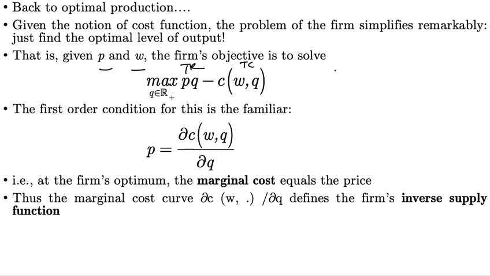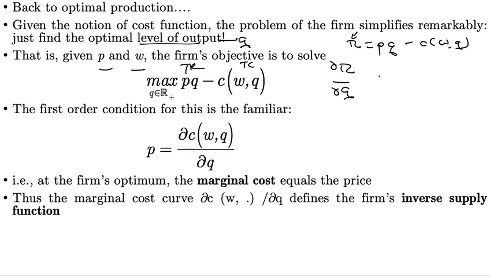So if you differentiate the profit function, let me rewrite it again. Profit, Greek letter pi, equals Latin letter P times Q minus C(W, Q). Differentiate the profit function with respect to Q because we just want to find the optimal level of output. Output here refers to Q.